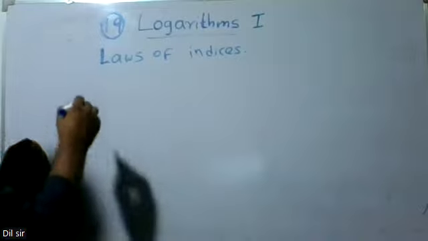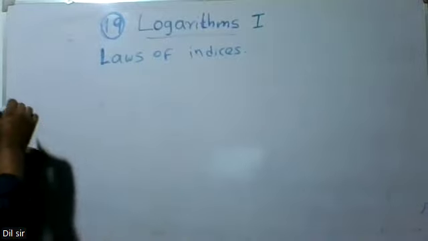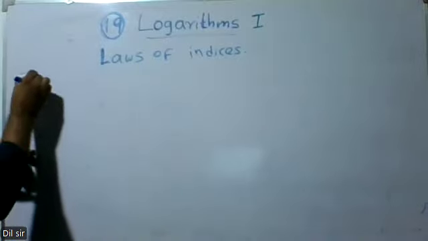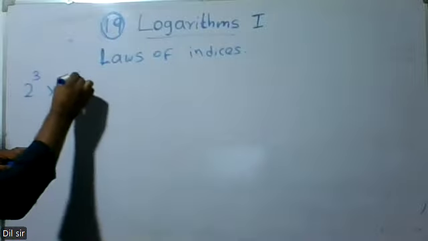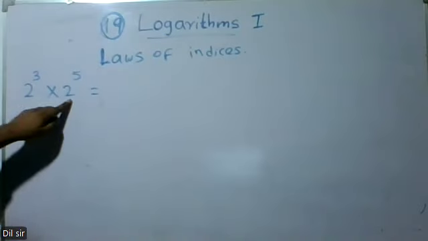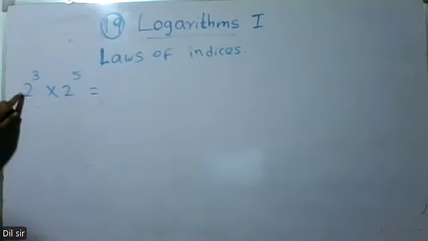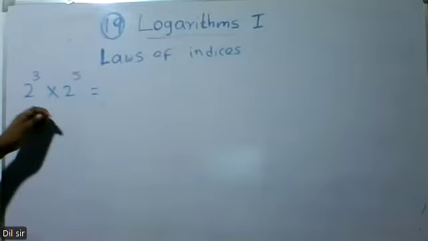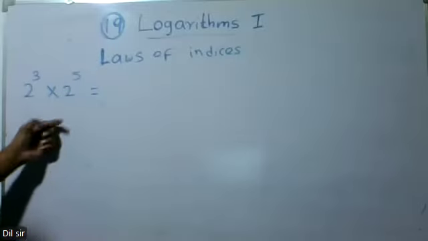First one. 2 to the power 3 times 2 to the power 5. The base is 2, and the base is 2 in the second as well. If you have this kind of expression, I think you remember.